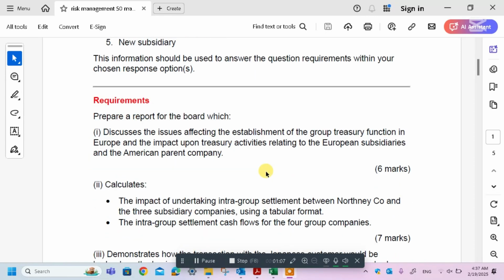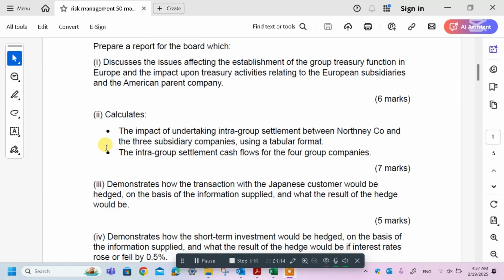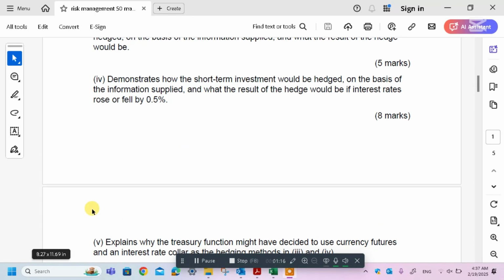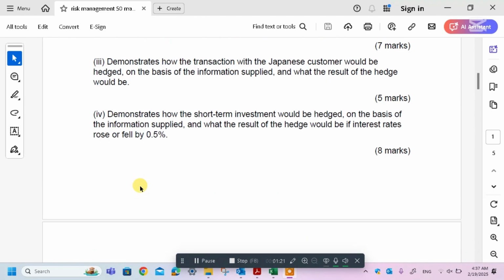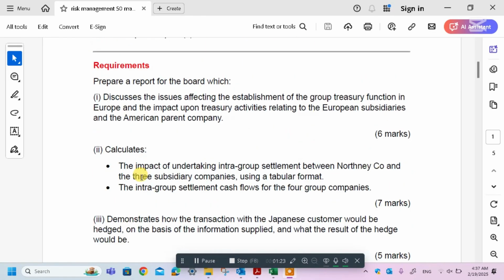Let me have a look at the requirements. Prepare a report for the board. They want a report, and the report has 6 sections, 1, 2, 3, 4, 5, 6. There are 6 requirements that need to be included in the report.